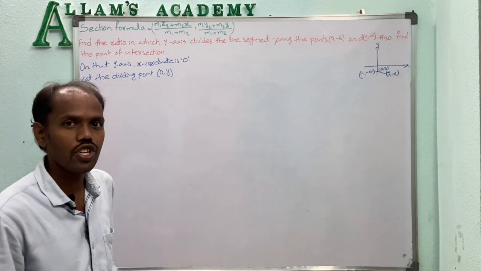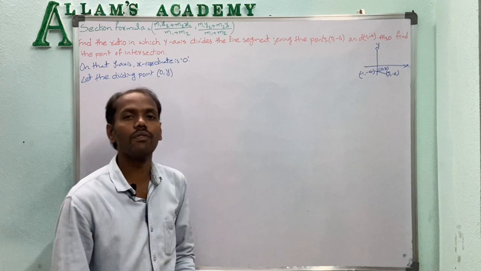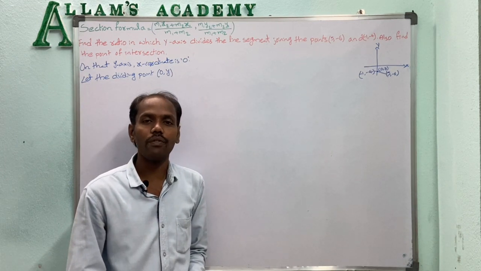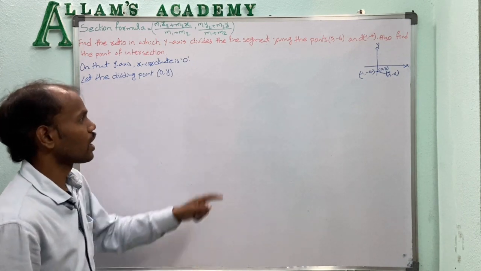Now the points 5 comma minus 6 and minus 1 comma minus 4 are divided by the point 0 comma y in which ratio, that we have to find. So we use the section formula: (m1 x2 plus m2 x1) by (m1 plus m2), (m1 y2 plus m2 y1) by (m1 plus m2).